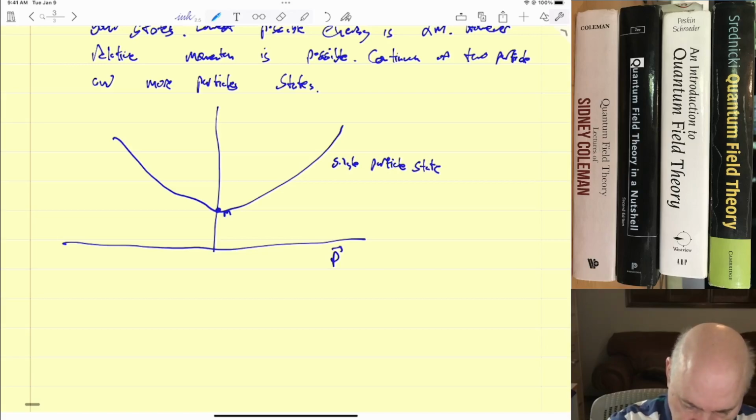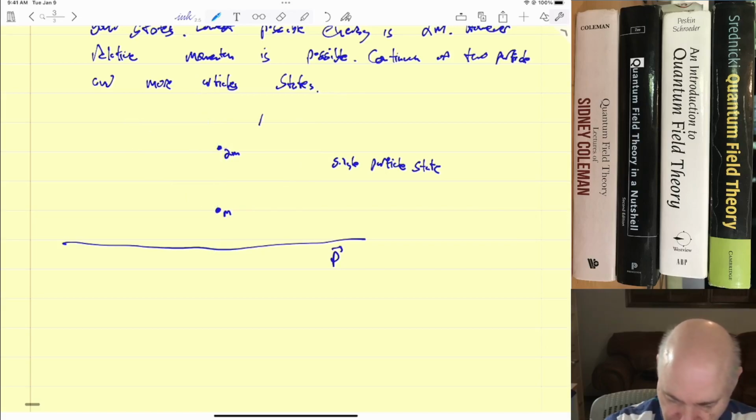This is the energy axis. And then through 2m, we also have a hyperbola, but now it's not isolated. All these other states over here, this is the continuum. These are all possible.